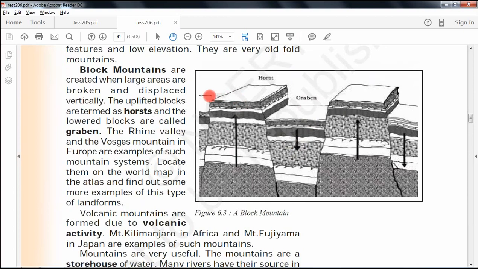Here we can see that before, there is a flat land, and then there is a vertical displacement of land, broken and displaced. The higher areas are called horsts and the lower lying areas are called graben. By this, block mountains are created because of these vertical movements. The Rhine Valley and Vosges mountains in Europe are examples of such block mountains.